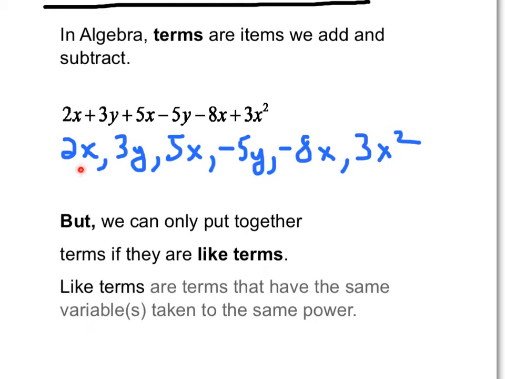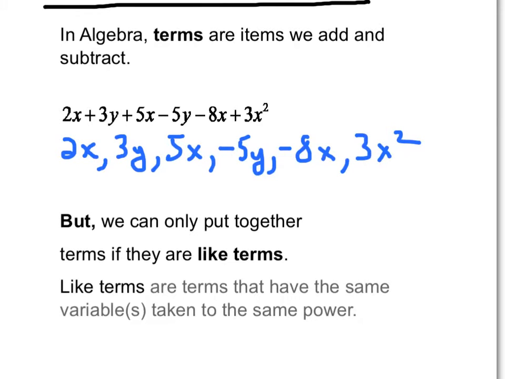So you'll notice we have x's and y's, and for them to be like terms, they also have to be to the same power. Notice that this x does not have a power written. It actually does have one, but we don't put it: the power of x here is 1, the power of y here is 1, this power of x is 1.